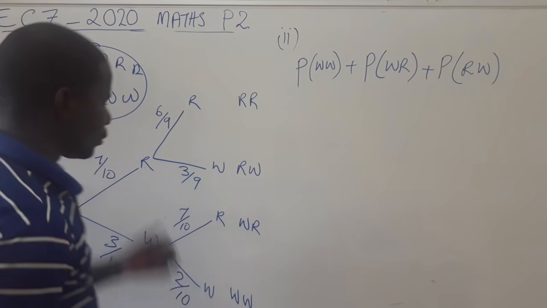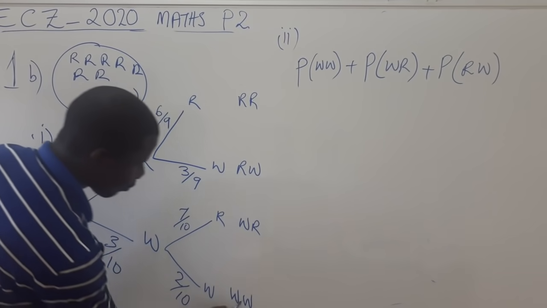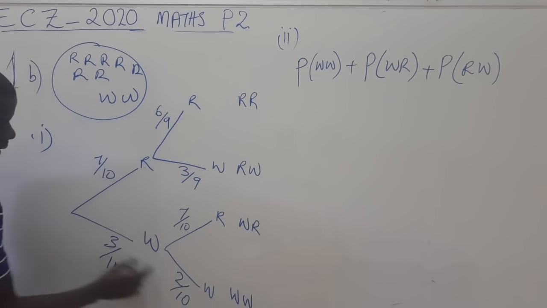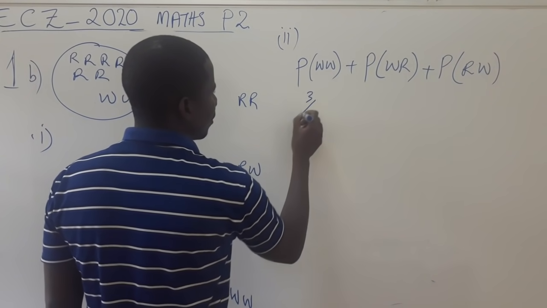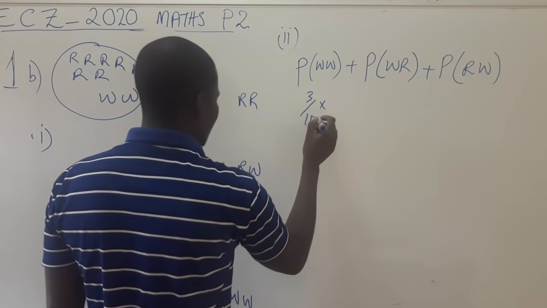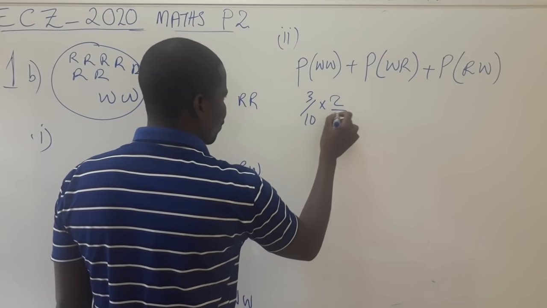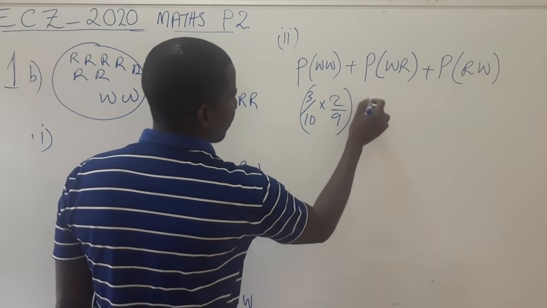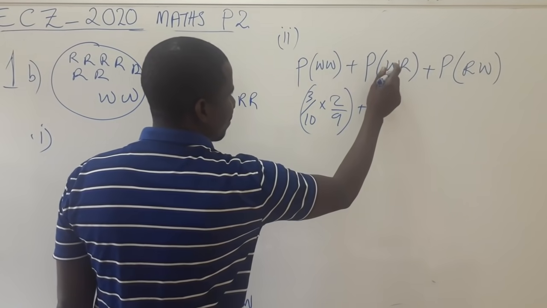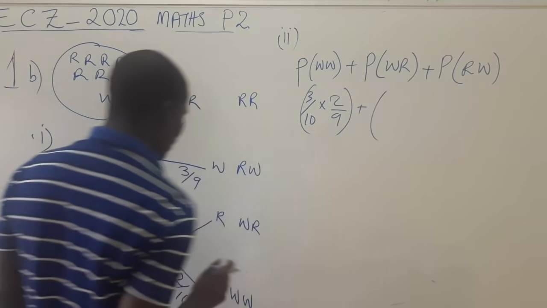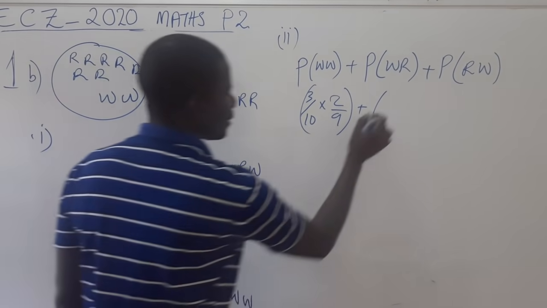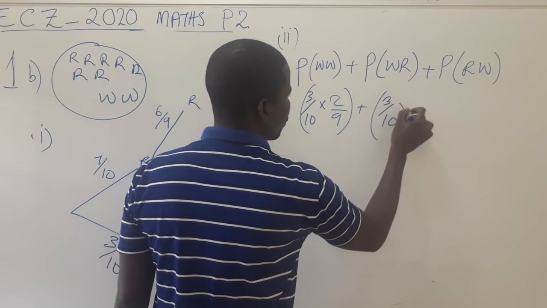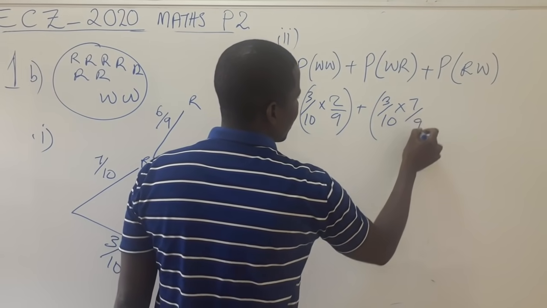Okay? So now, what is the probability that both balls will be white? We have 3 over 10 and 2 over 9. So this is going to be 3 over 10 multiplied by 2 over 9. Plus, what is the probability that the first one will be white and the second one is going to be red? This is 3 over 10 multiplied by 7 over 9.